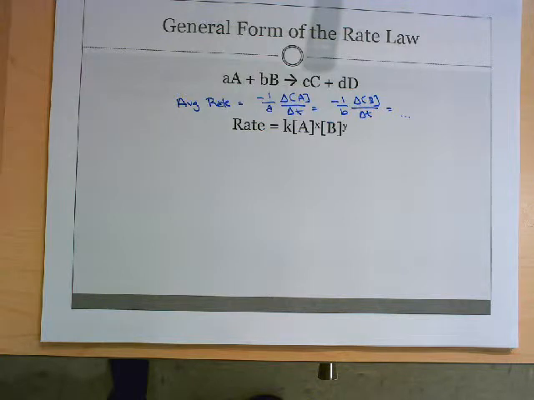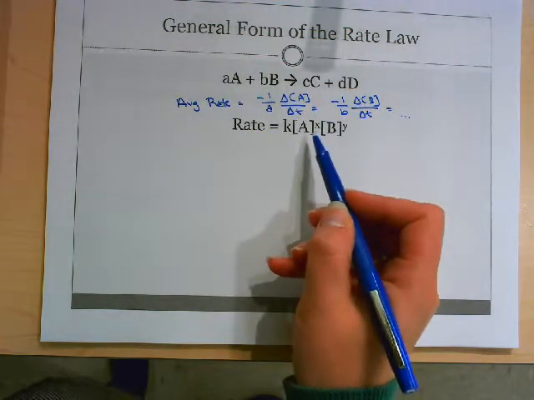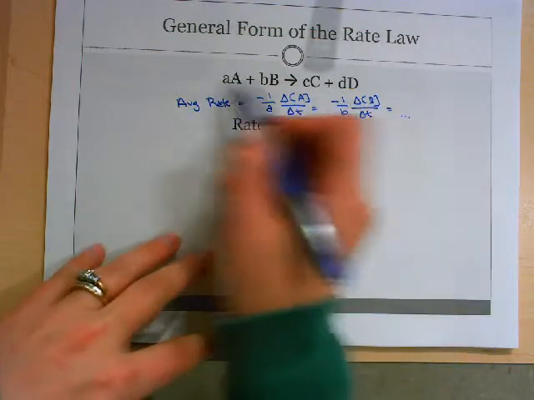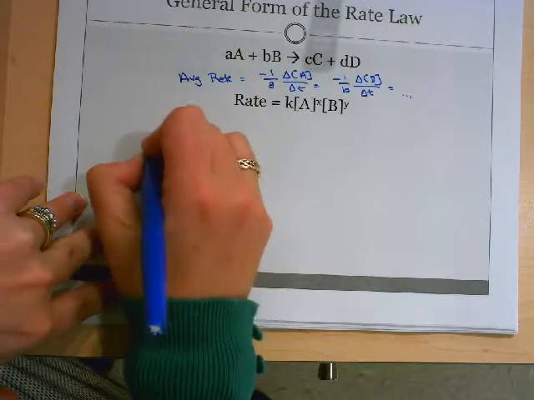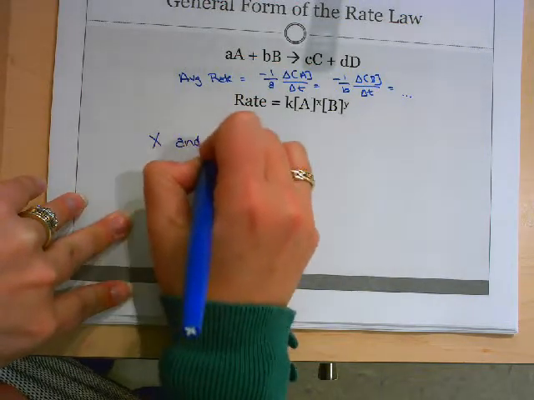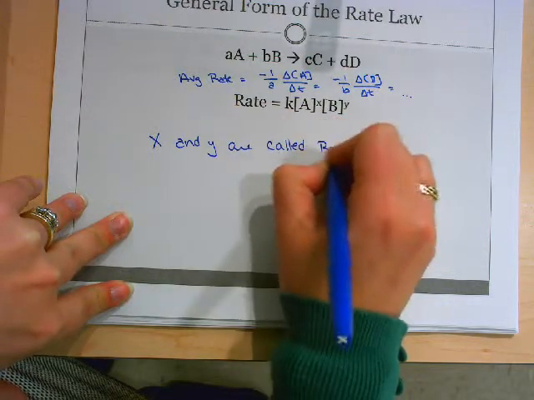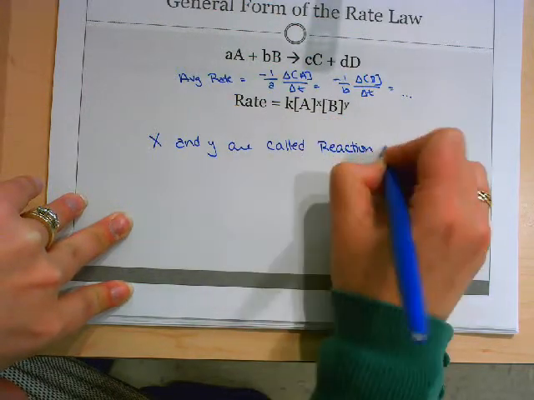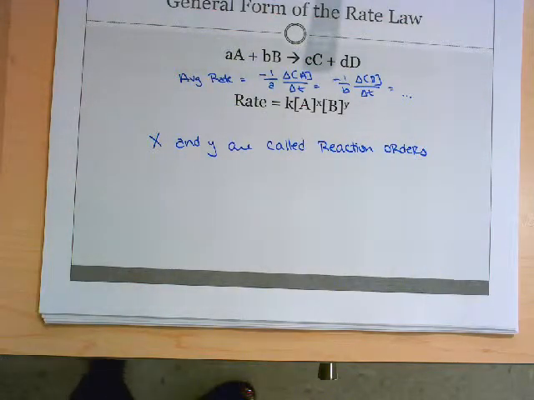What is the one thing that's really different about the second equation? We have these exponents. Are the exponents anywhere in my general equation? No. They're called reaction orders.